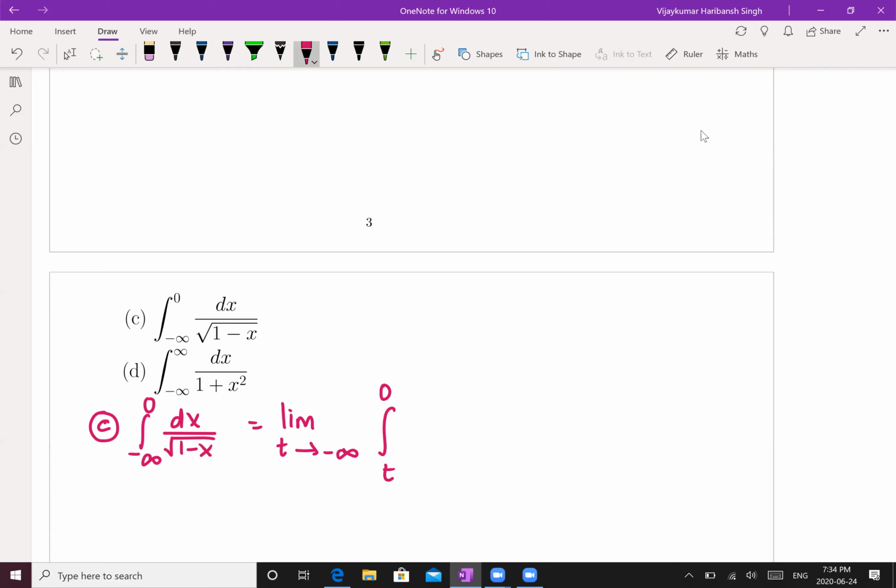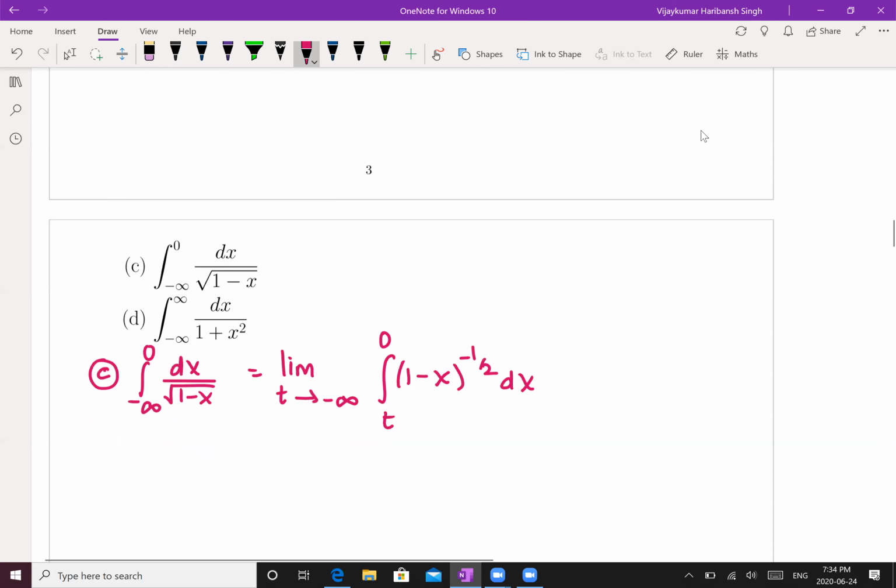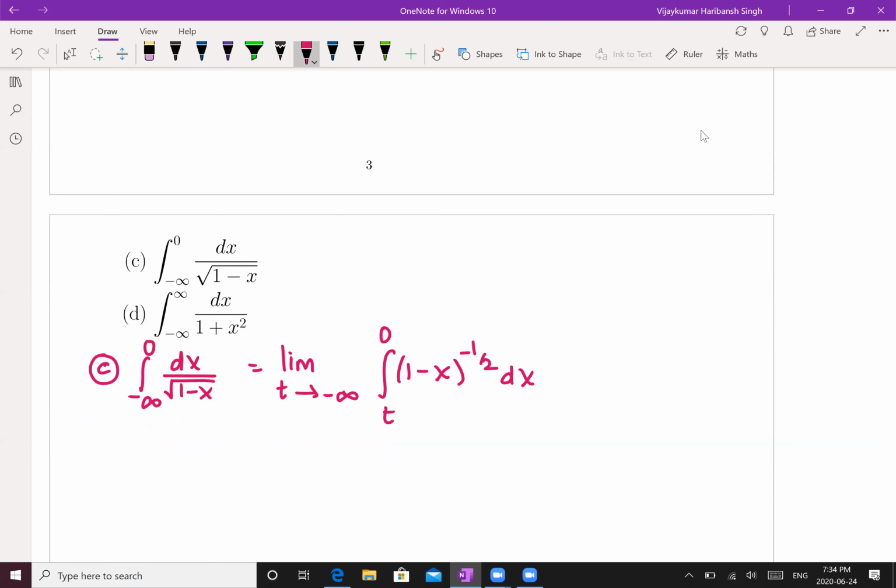Let me just write it down directly in the form: 1 minus x to the power minus half dx. So this is going to be the limit as t goes to negative infinity, my bad, of 1 minus x to the power half divided by half, which is multiplication by 2, divided by minus 1, the coefficient of x, which is minus, from t to 0.